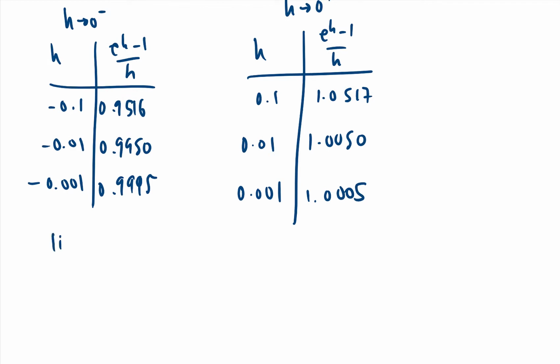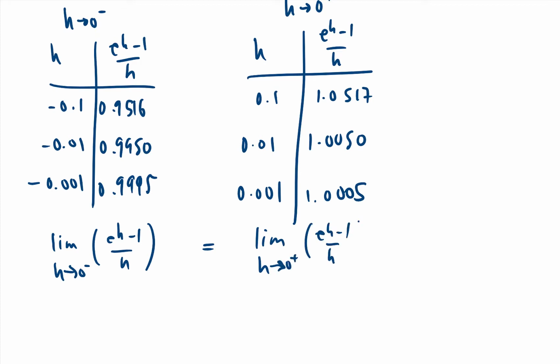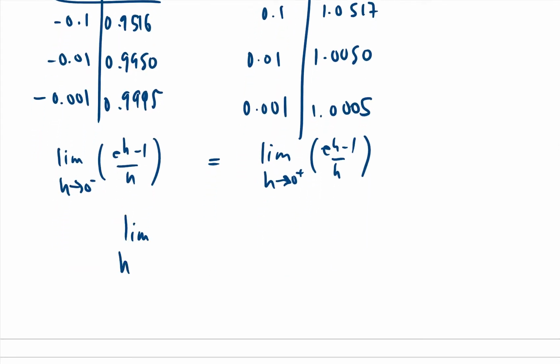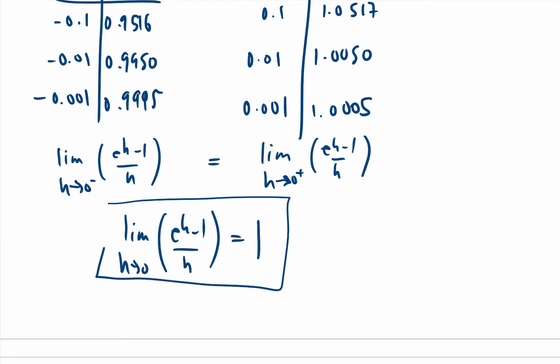So notice the limit as h approaches 0 from the left of e to the h minus 1 over h equals the limit as h approaches 0 from the right of e to the h minus 1 over h. So therefore the limit as h approaches 0 for e to the h minus 1 over h equals 1, since the left and right hand limits both approach a value of 1.